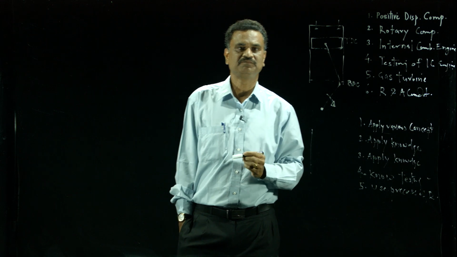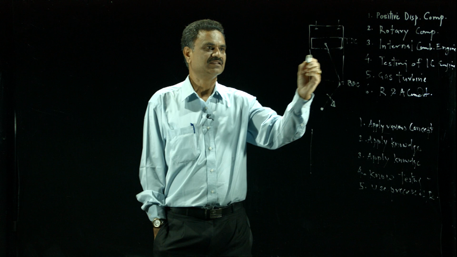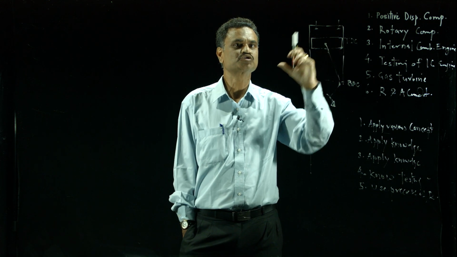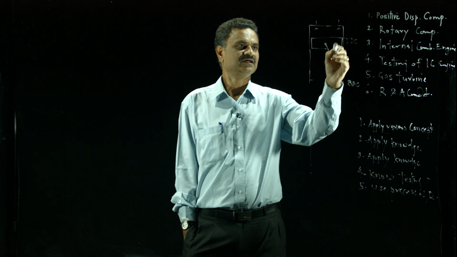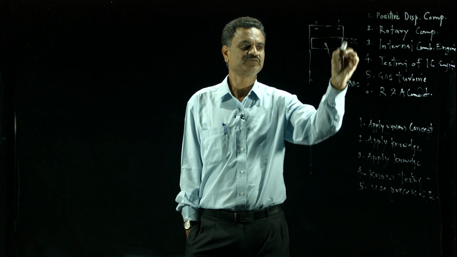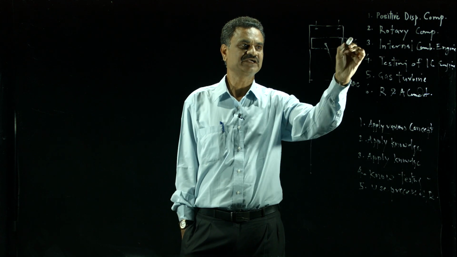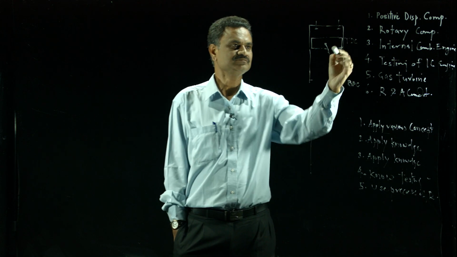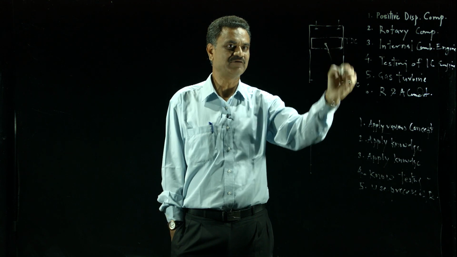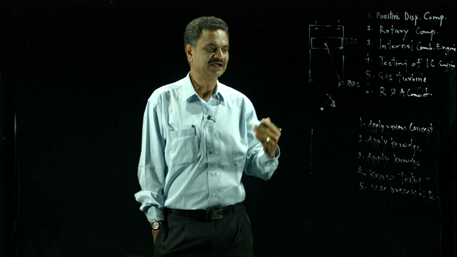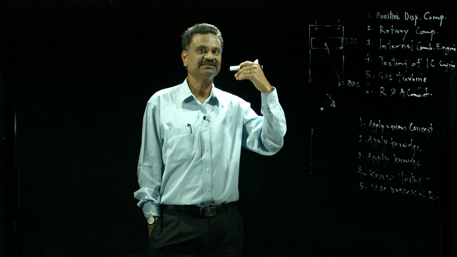In the case of a petrol engine or spark ignition engine, one cycle is completed in 4 strokes. The first stroke is the suction stroke, when the piston moves from TDC to BDC. Then when the piston moves from BDC toward TDC, this is the compression stroke. When the piston moves from TDC again to BDC, this is called the power stroke, and at the end the piston again moves from bottom dead center to top dead center, that is the exhaust stroke.